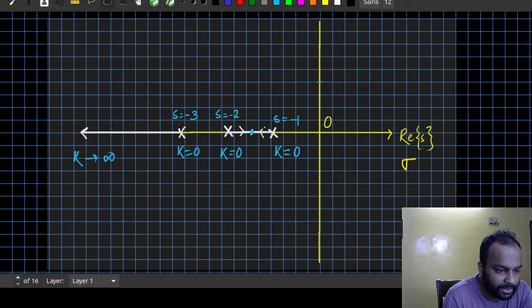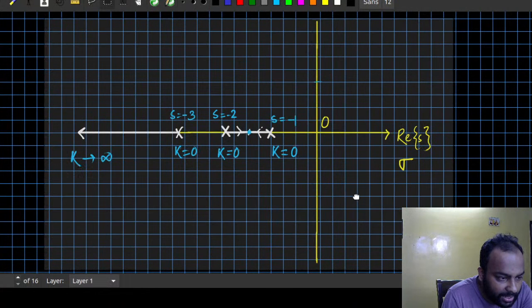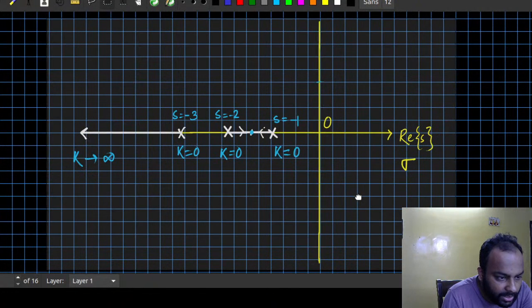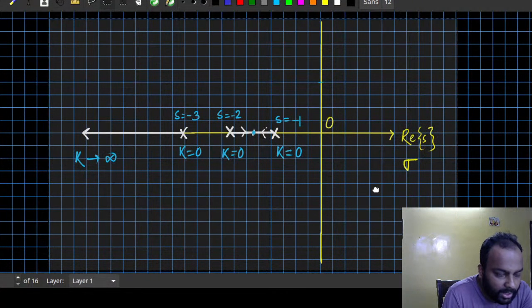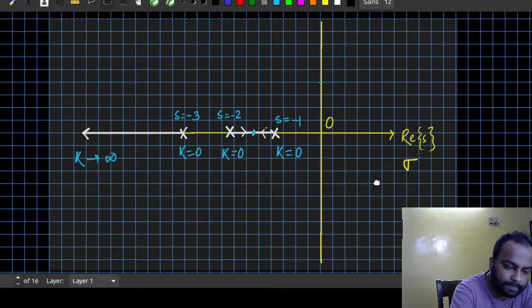Let's bring this and move this slightly. I don't know what I did. I'm afraid I have to get rid of this entire thing. Let's delete. So let's construct the entire root locus from the very beginning. That will be the nicest thing we can do. All right, let's waste time.